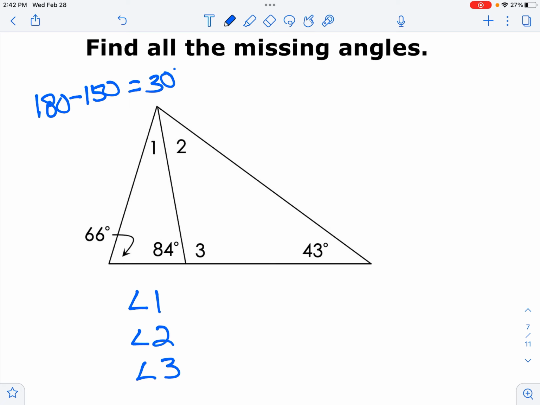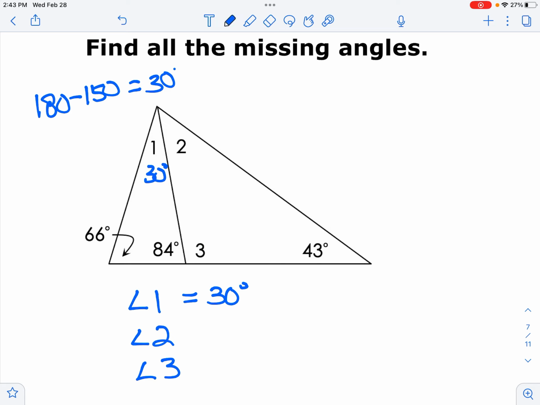So angle 1 would have to be 30 degrees. I'm going to write this in this picture here. I can't quite do 2 yet. I don't have enough information to get that, but I can figure out 3 because 84 plus angle 3 have to add up to 180 since they are a linear pair.